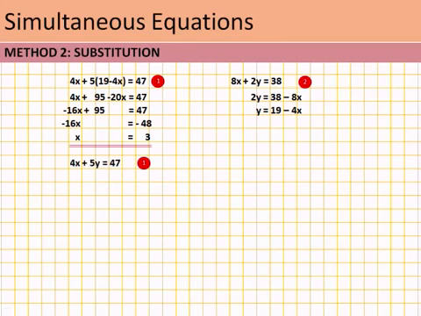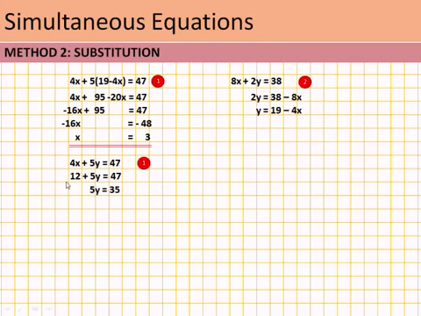Now that we know that x is 3, we can put that into equation 1 or equation 2, but I put it into equation 1. 4x plus 5y equals 47 becomes 12 plus 5y equals 47 because x is 3.